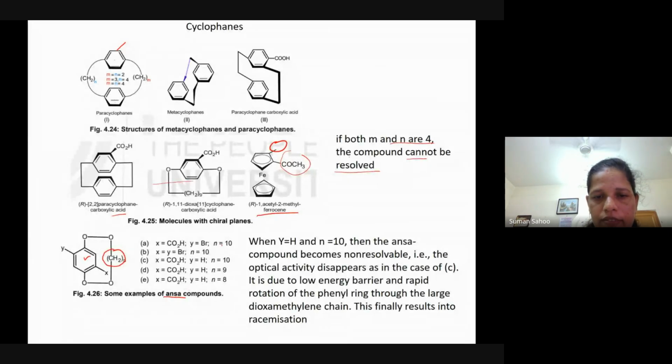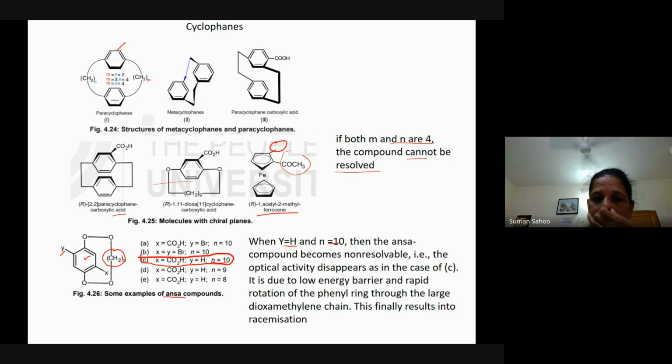So you can have many different conditions, but when Y is equal to H and N equal to 10, in that case it is non-resolvable because they can interconvert or undergo racemization to give the other enantiomer. So optical activity disappears in that case.